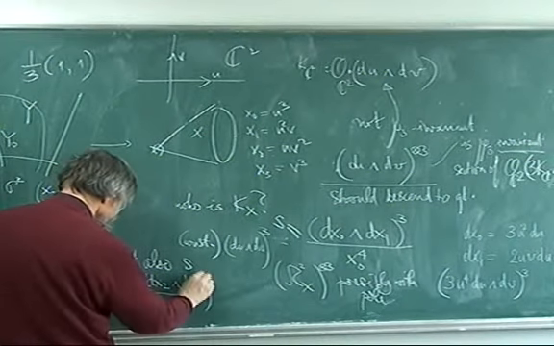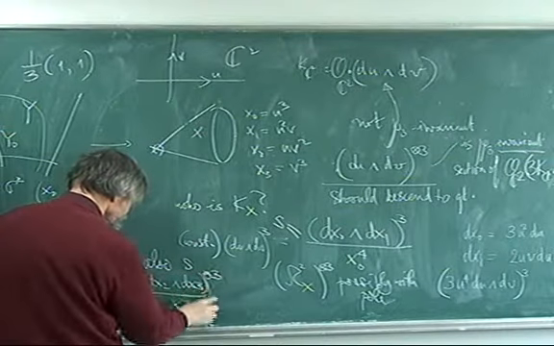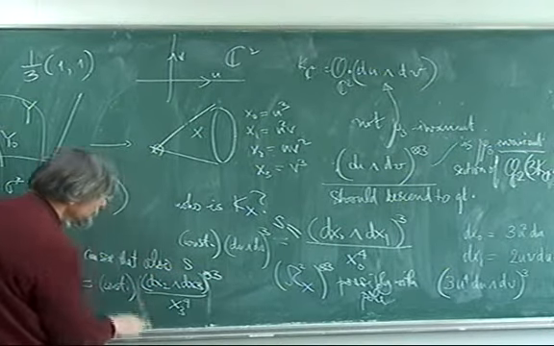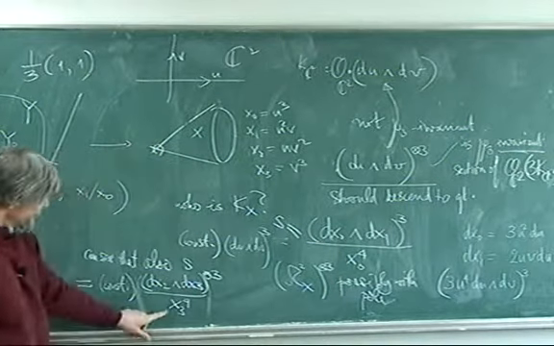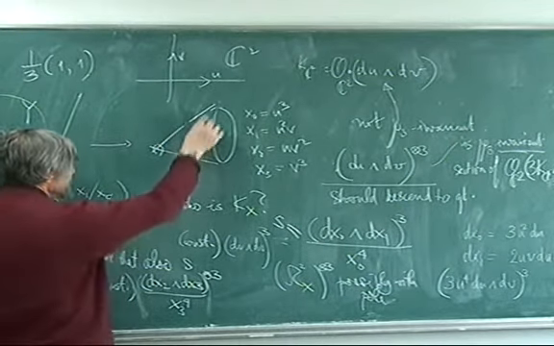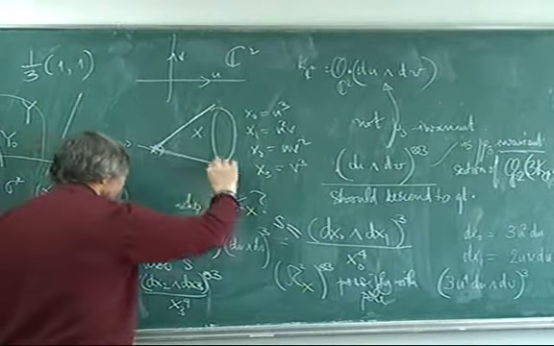Sorry. Right. So here I have something which has got x naught as a pole. Here I've got something which has got x3 as a pole. And these locuses don't intersect.